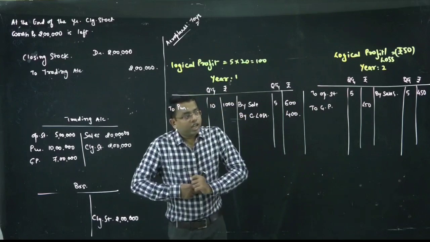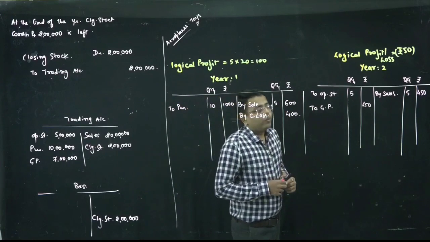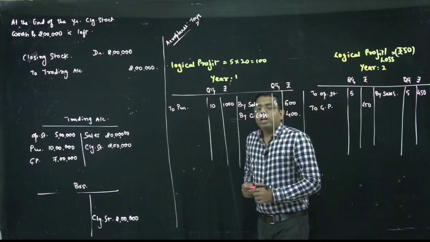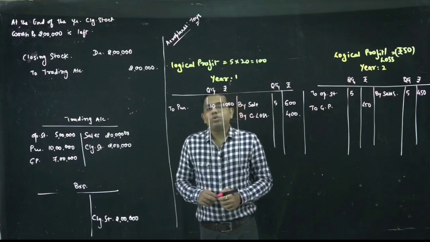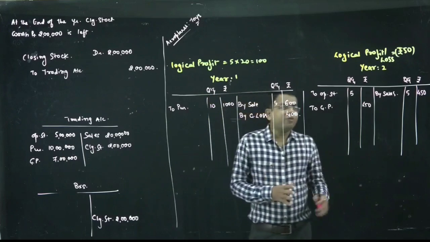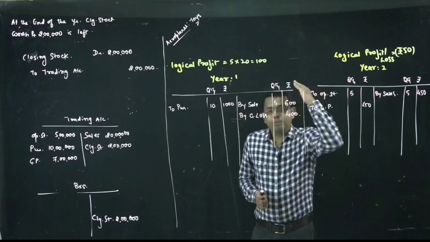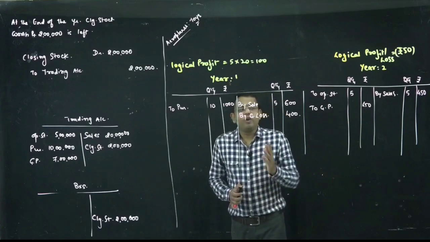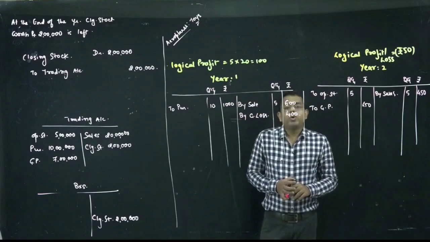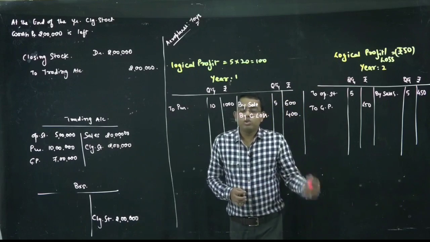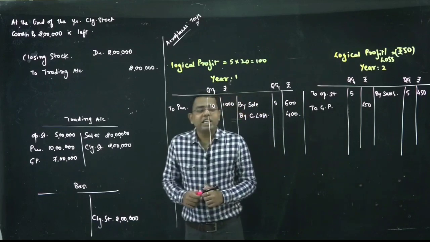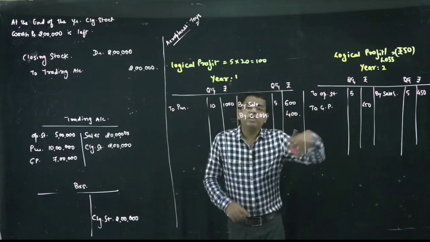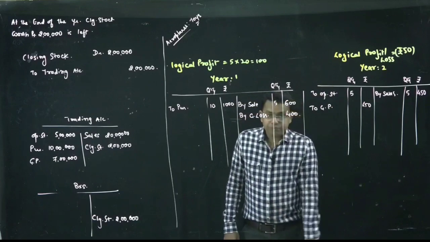At the end of year 2, when the owner is checking the accounts, he is giving a lot of praise to the sales manager, saying the previous manager got me a loss of 400 and you have earned me a profit of 450 rupees. He is very happy that his new sales manager is doing business excellently, and he gives him a rise.